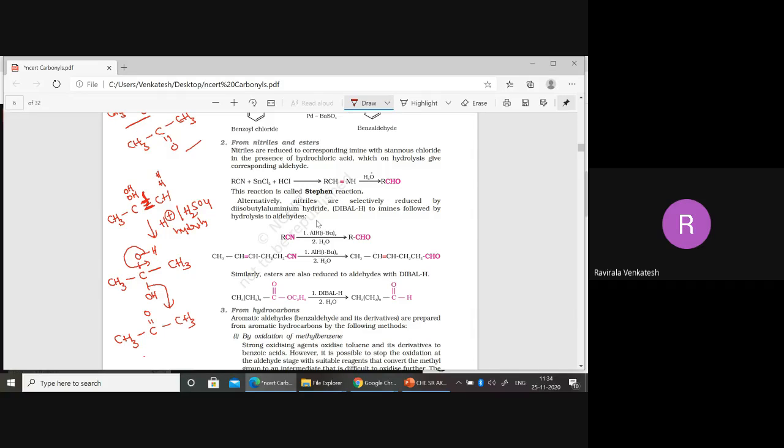Right? If you take HC triple bond CH and follow the same mechanism, break the pi bond, put here OH, hydrogen and hydrogen, you will get CH3CHO, acetaldehyde. So this is the method, isn't it?